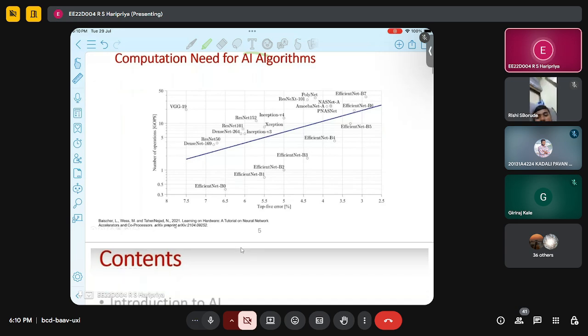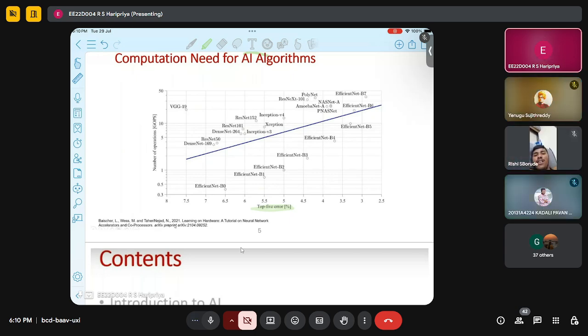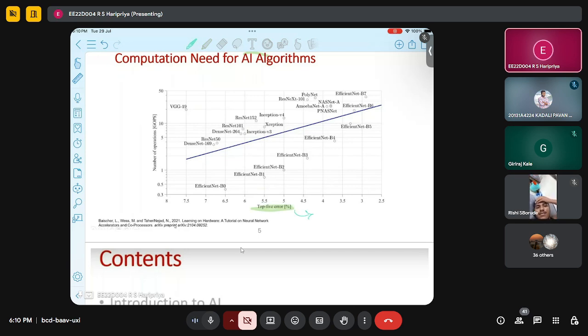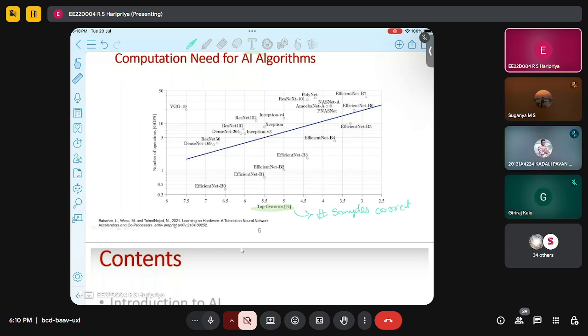So what is this top 5 error? If we have a total of n number of samples, it is the number of samples whose correct label is not in the top 5, divided by the total samples.